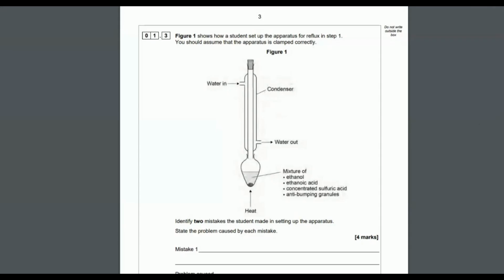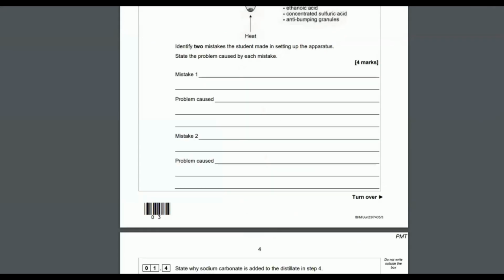We're going to say mistake: water enters from above. It should enter from below. So you want the water to come in at the bottom on these. It doesn't matter whether it's horizontal or vertical. The water should always enter from the low point.